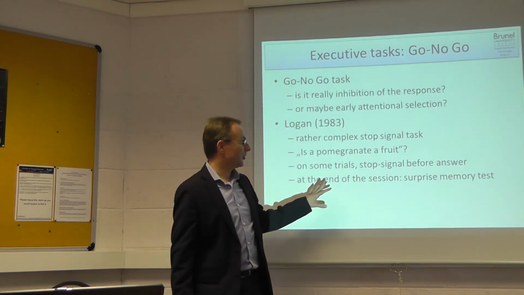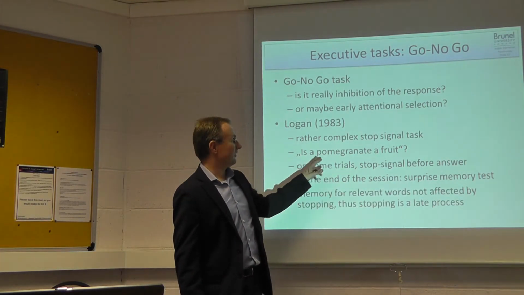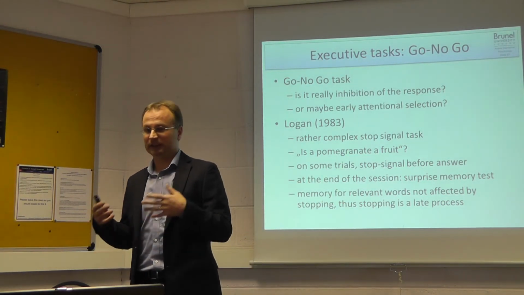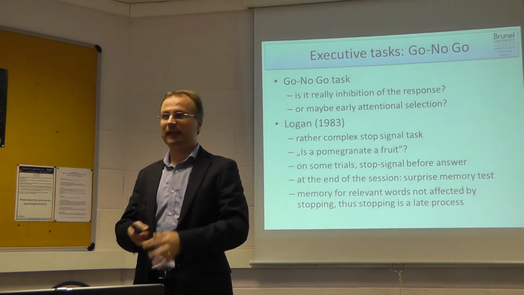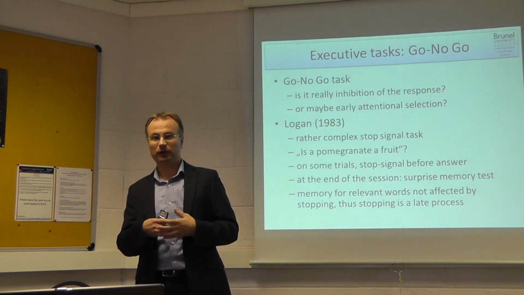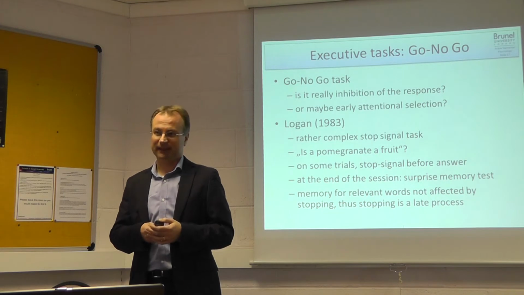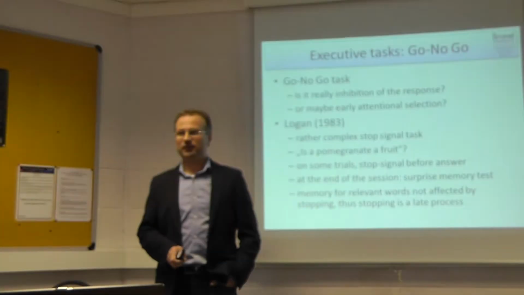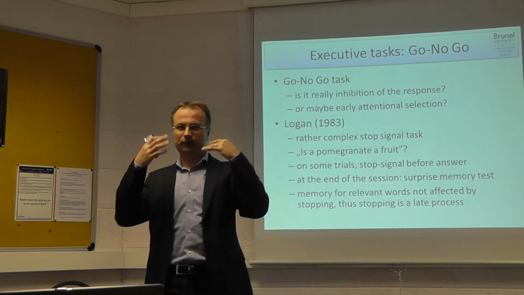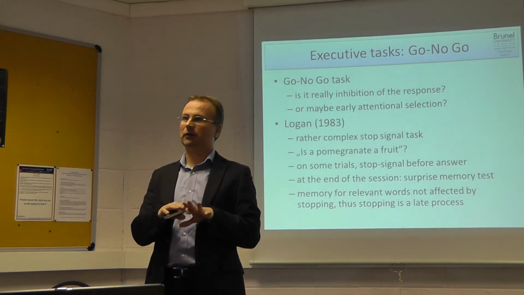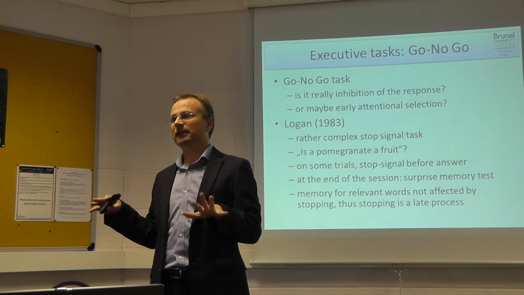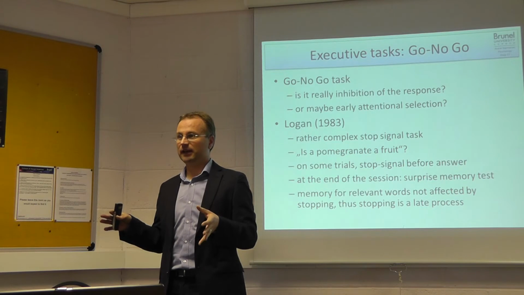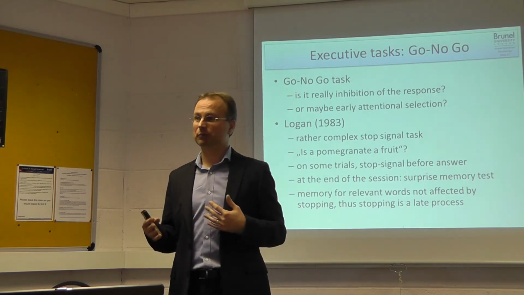And he was able to show that memory for the words in Go trials, where they responded properly, and in trials where they had to stop and withhold, was identical. That speaks against early attentional selection, because if something is filtered out very early in our system, then it's very unlikely that it's transferred to memory to the same level or depth as items which have been fully processed.